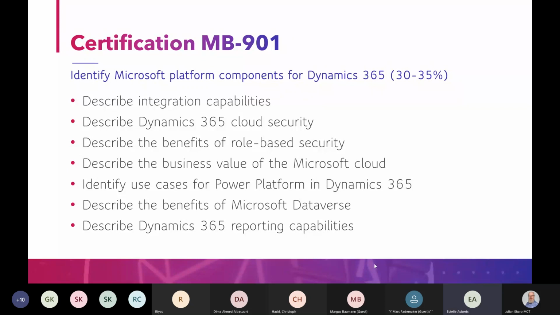It's really the concept of RBAC, or MFA for authentication. And what is the business value of the Microsoft Cloud, because with Dynamics 365 you will be able to interact with other products in Azure and Microsoft 365. So this is this kind of business value that you're going to have to describe.